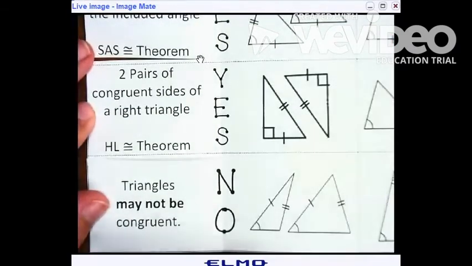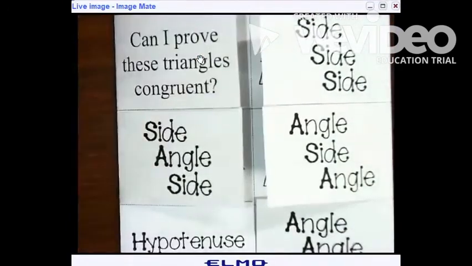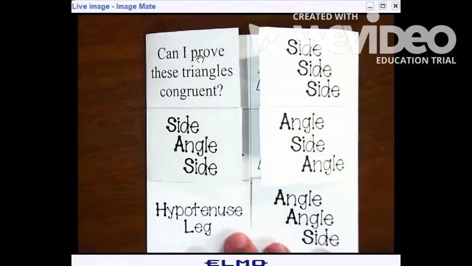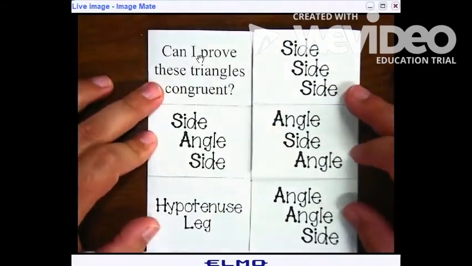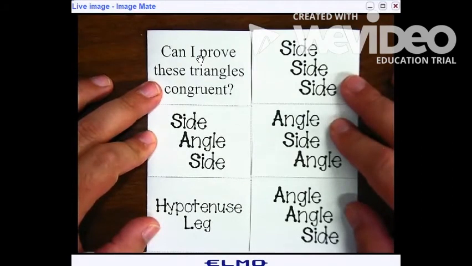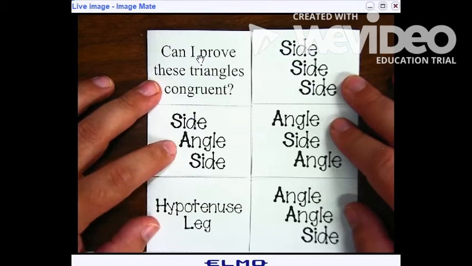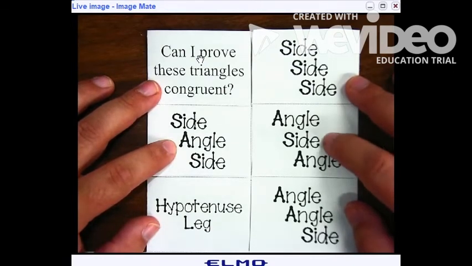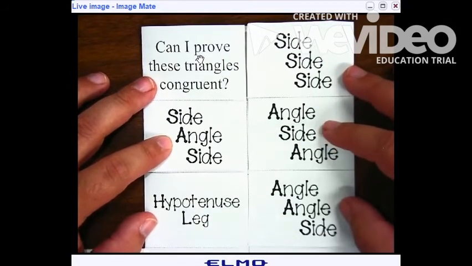So these are the 5 congruence theorems that will work. You have to have your angles and your sides in this order. Either all 3 sides congruent, 2 sides and the angle that is in between those 2 sides, 2 angles and the side in between those 2 angles, or 2 angles and a side that's not in between the 2 angles, that's fine.